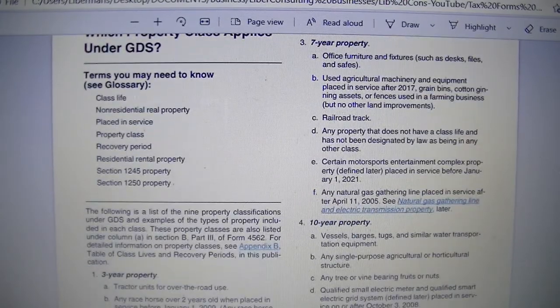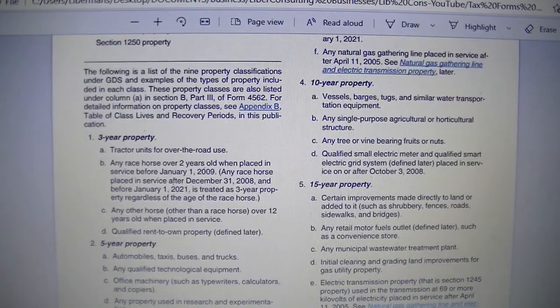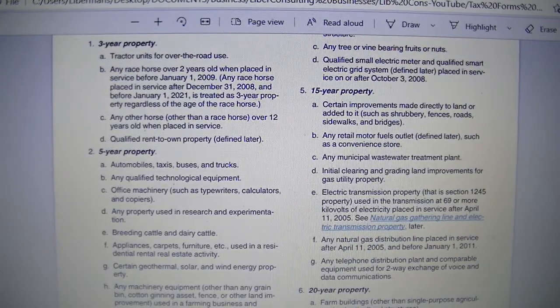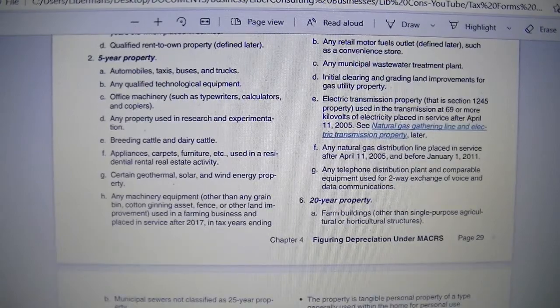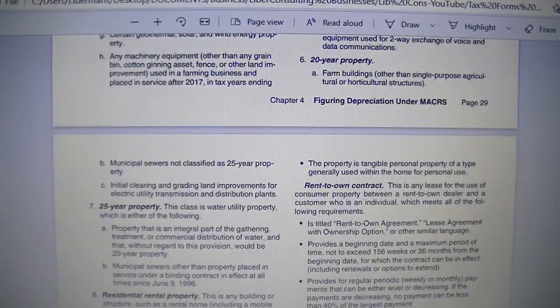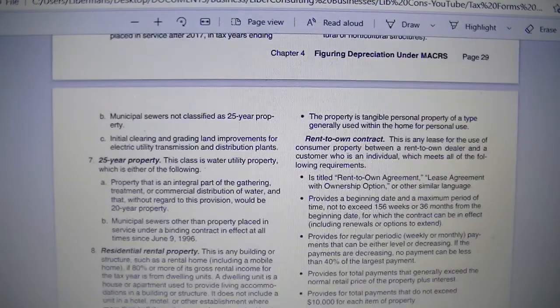10-year property, we have fruit trees and vine. 15-year property, yeah, so you can read that yourself. And then 20-year property has more to do with farms, and you have the 25-year property class.